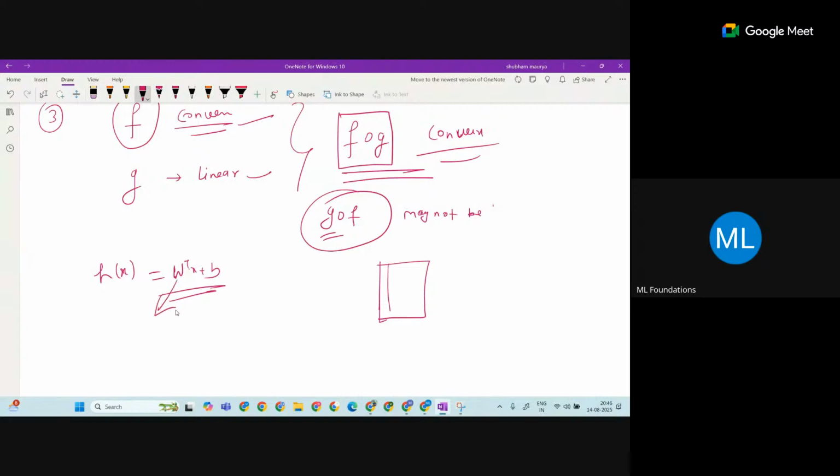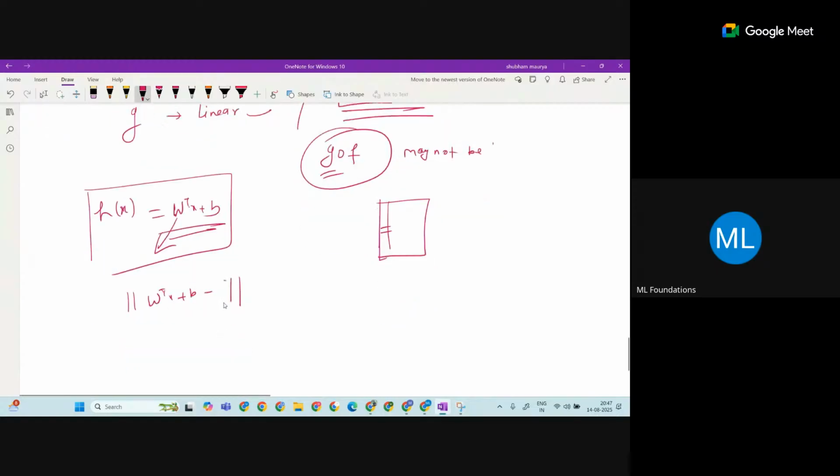We have seen linear regression. While finding this w, you have the original data and the updated data, and then you find the error of it, like w transpose x plus b minus the original data.